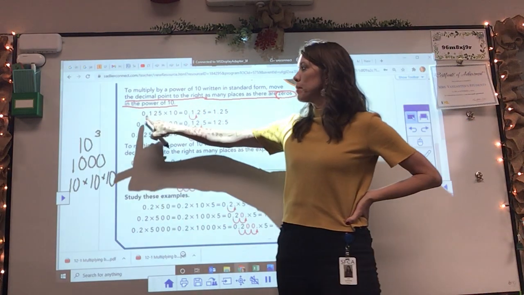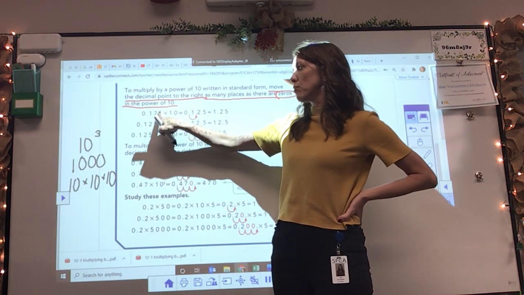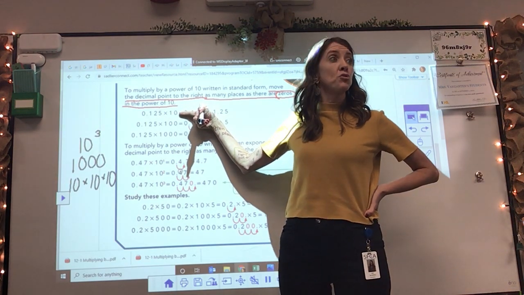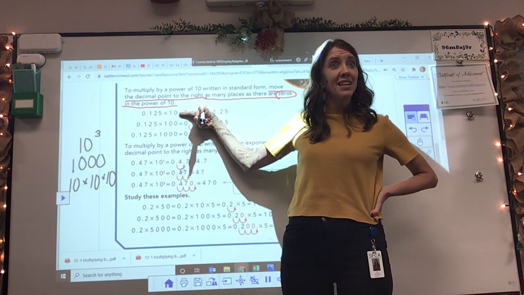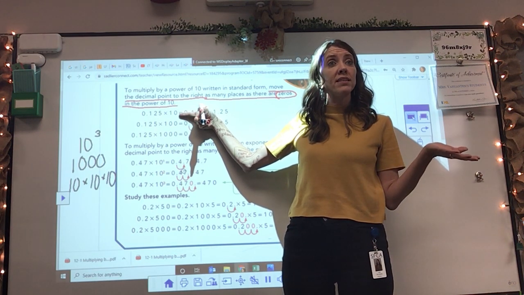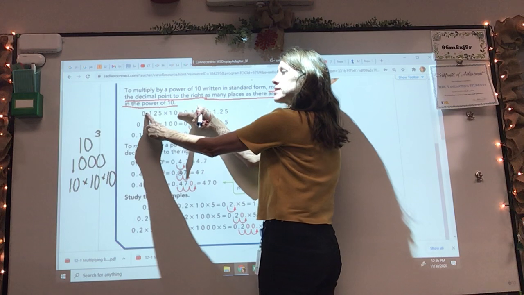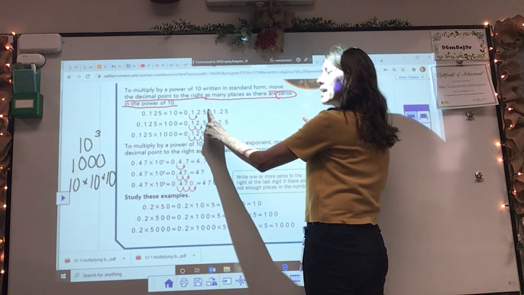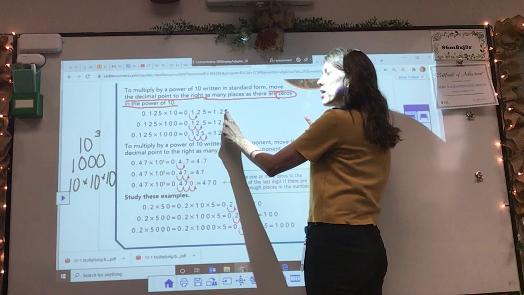So let's look at this example. 125 thousandths times 10. How many spots to the right are we going to move that decimal? 1. Why? Because there's only one zero. So we move the decimal 1 spot to the right, and we get 1 and 25 hundredths.